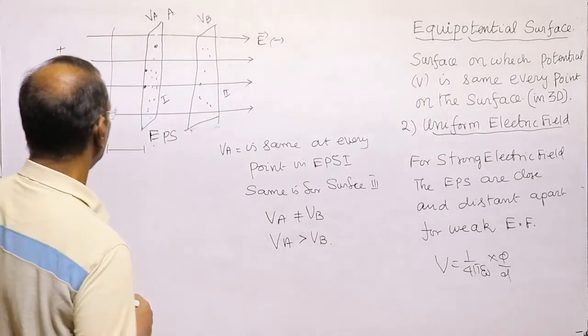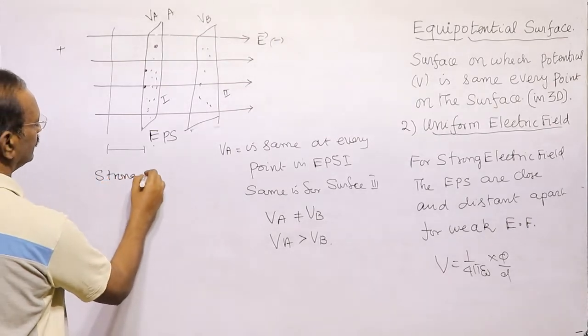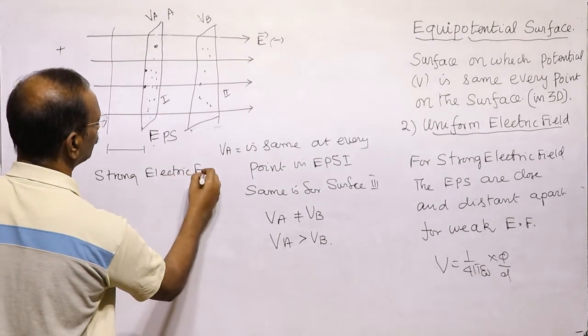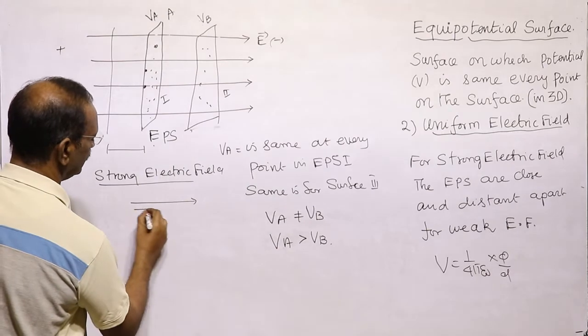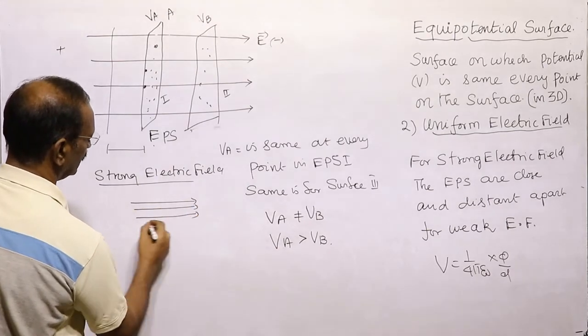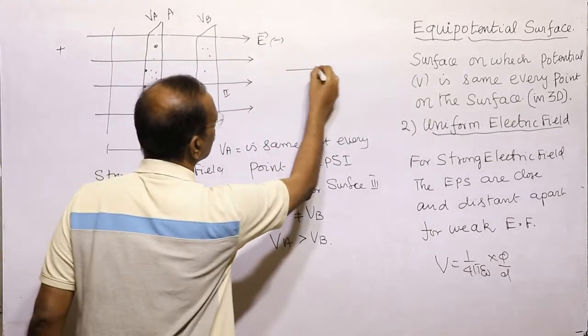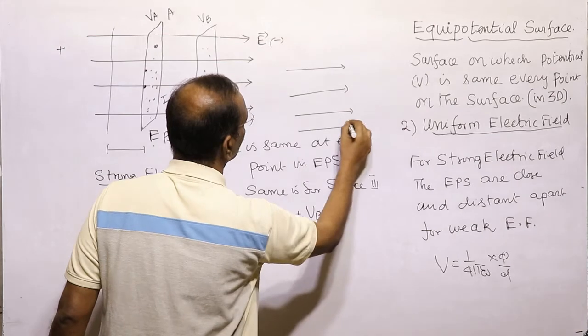Second point, now for a strong electric field, let us assume uniform. For strong, it means the number of field lines will be more, equally spaced. This is strong. What is weak? Weak means 1, 2, 3, 4.